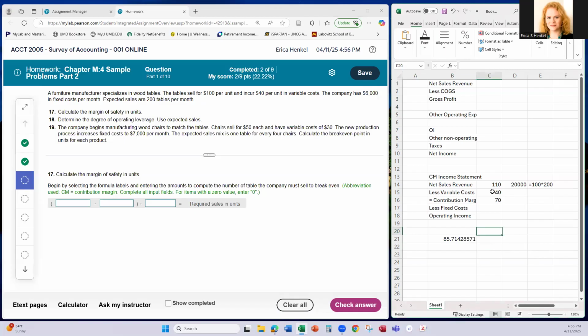So looking at this again, we've got the same numbers here, $100 in sales revenue per unit and $40 in variable costs. And they want us to start by calculating a margin of safety in units.